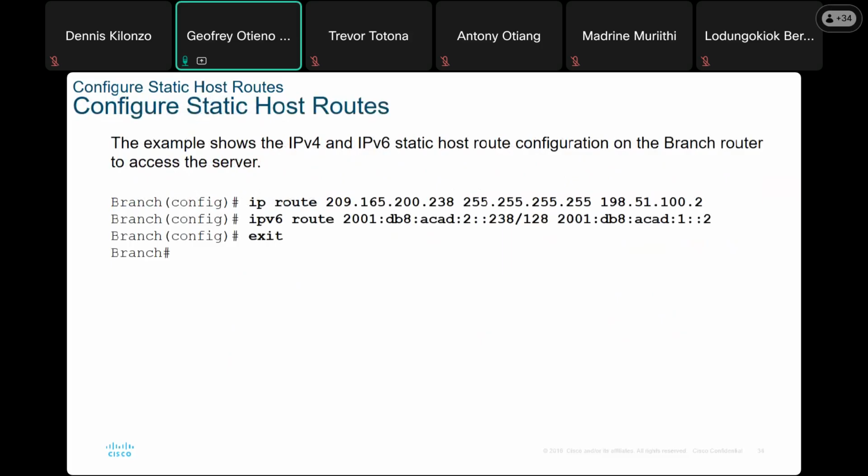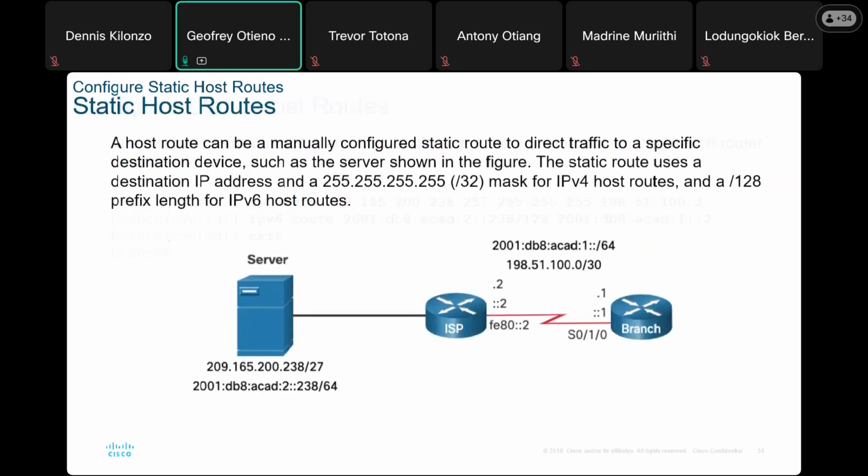So how do you set it? It's very simple. On your branch router, just have ip route, the IP address of this server, this one here, together with its subnet mask. What is the subnet mask for this? These are 3 bits borrowed, 27. So it means it's 255.255.255.224. Because it is prefix 27.